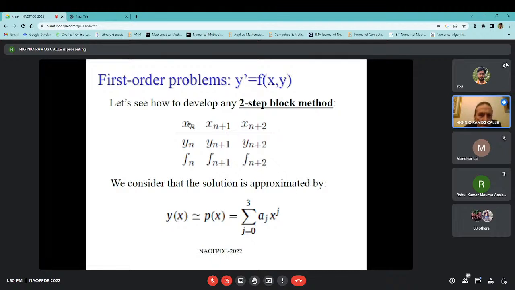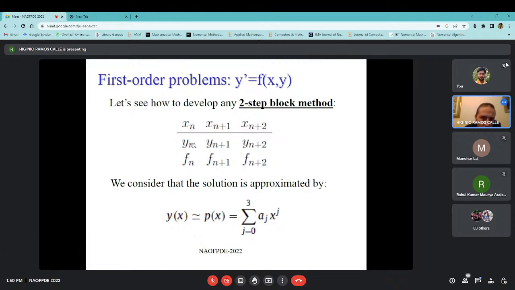For this, we are going to consider an interval with 3 points. So we have xn, xn plus 1, xn plus 2. And for these values, we want to get approximate values of the solution, which are these. We assume that at the first point we have the initial value.